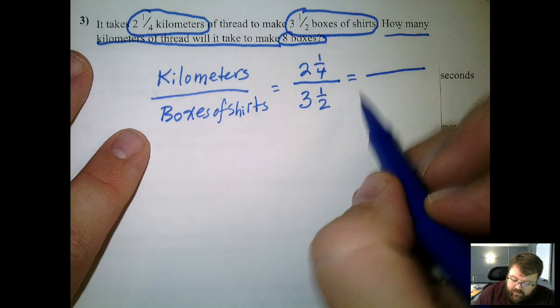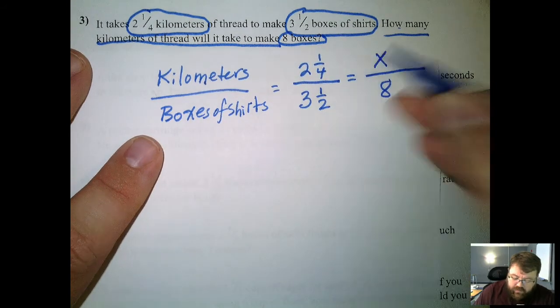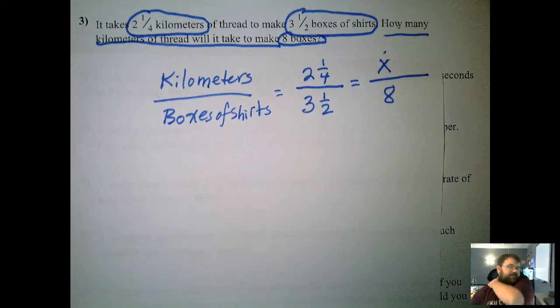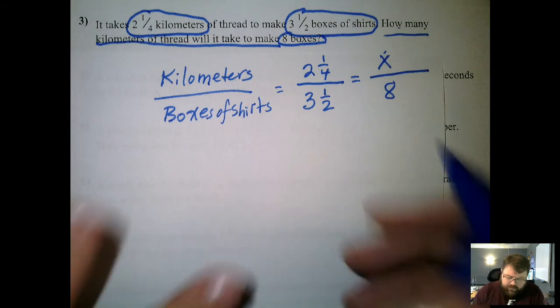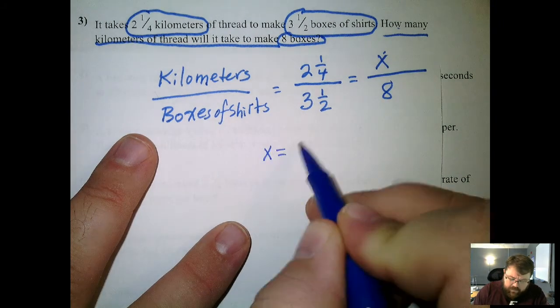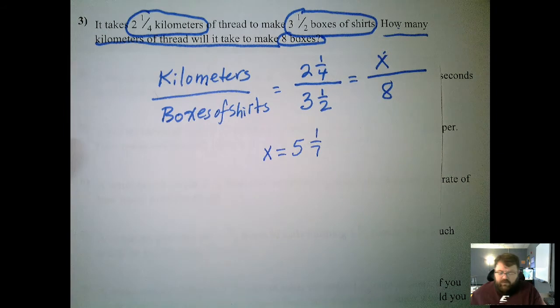Our third number was 8 boxes over X. So you should have set this up. And our answer for this one should have been 5 1/7. 5 1/7 kilometers of thread would have done 8 boxes of shirts.